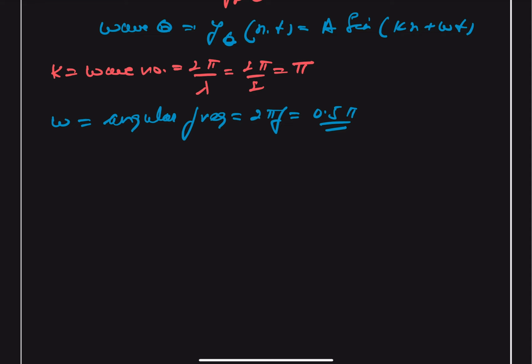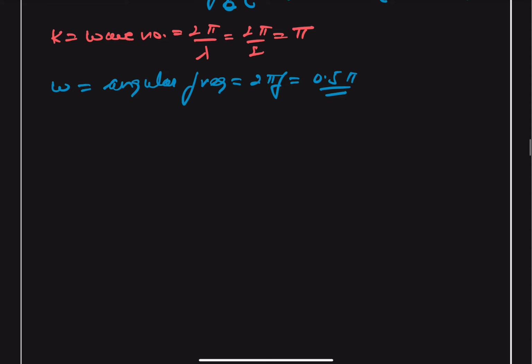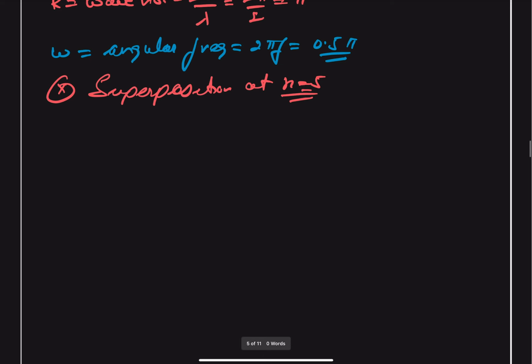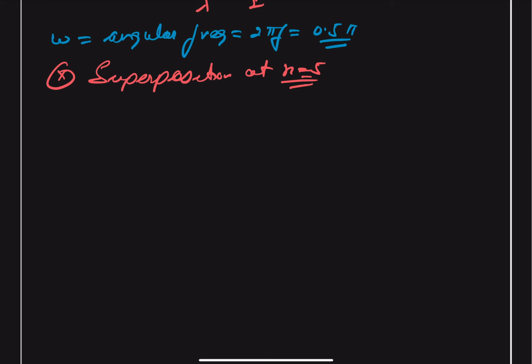So we say superposition at x is equal to 5. Therefore the equation becomes for the p wave, the value of x is 5, y of p at 5, t is equal to 2a sine of 5 pi minus 0.5 pi t, and we can use the trigonometric identity, sine of a minus b, and open this equation.